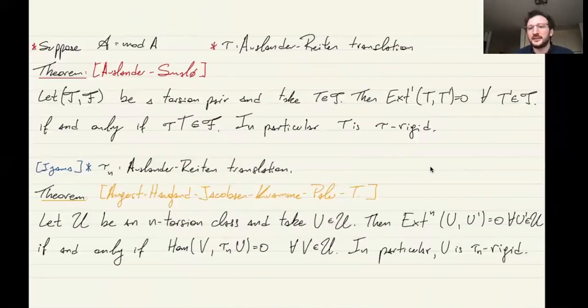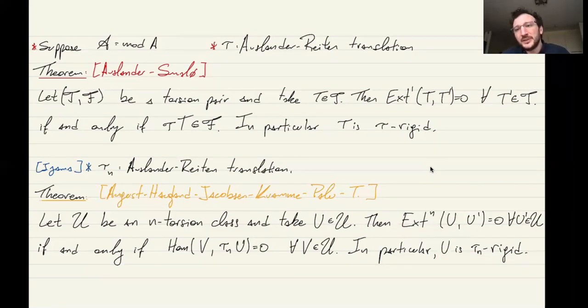Using this higher Auslander-Reiten translation, one of the results that we got in this collaboration is that if you take an n-torsion class and an object U in the n-torsion class, then this object is Ext^n-projective, so there are no extensions in this way for every other U' in the class, if and only if there are no maps from any object in U into the tau_n Auslander-Reiten translation of U. In particular, we showed that every Ext^n-projective is tau_n-rigid.